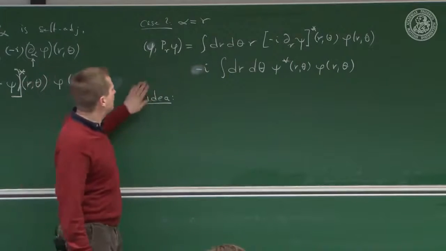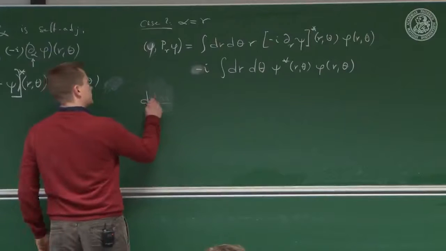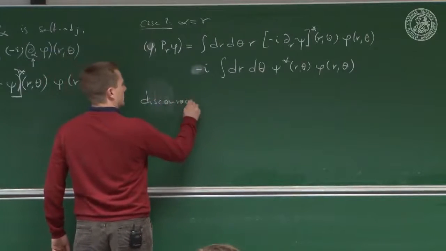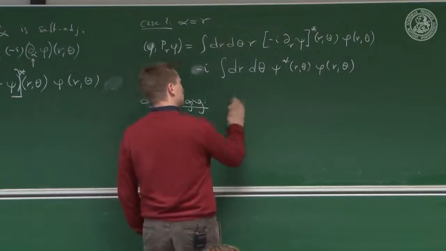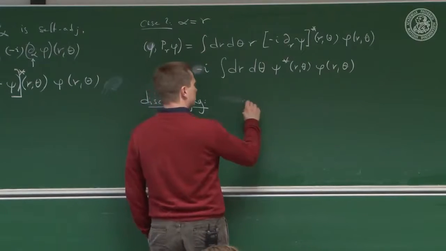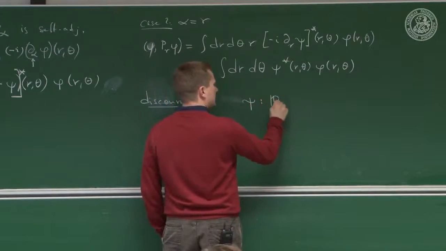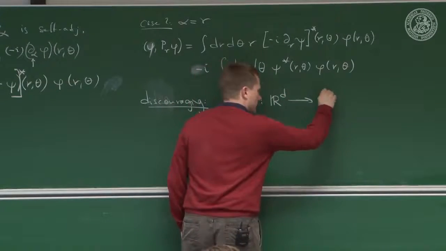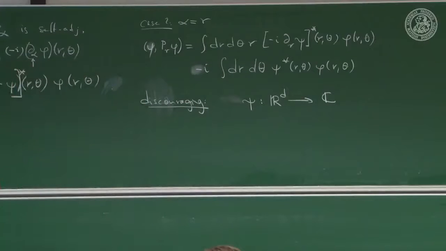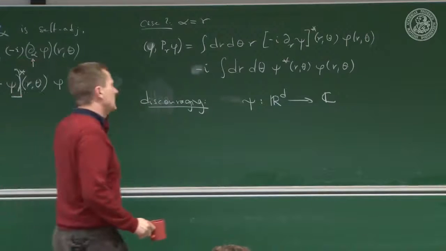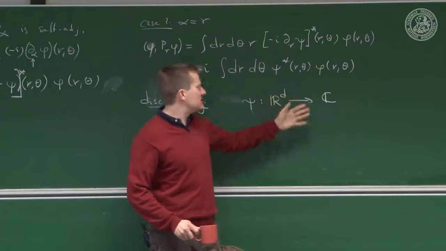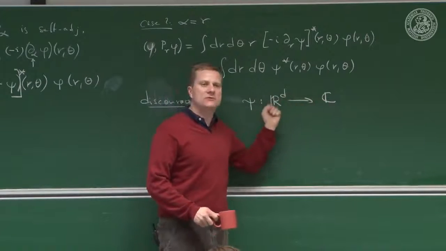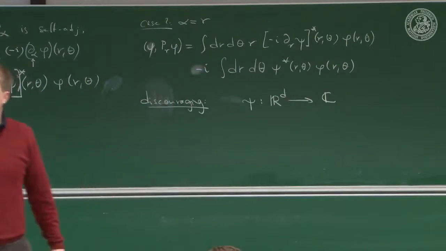Well, why might we give up? So discouraging. Let's say discouraging. It's discouraging because one thing is ingrained on our mind by many lectures, and that is that ψ indeed is a map of this type, suitably restricted to be falling off sufficiently fast, and square integrable and whatnot, and so with all kinds of restrictions, but ultimately it's a complex valued function here, and that's the name wave function.